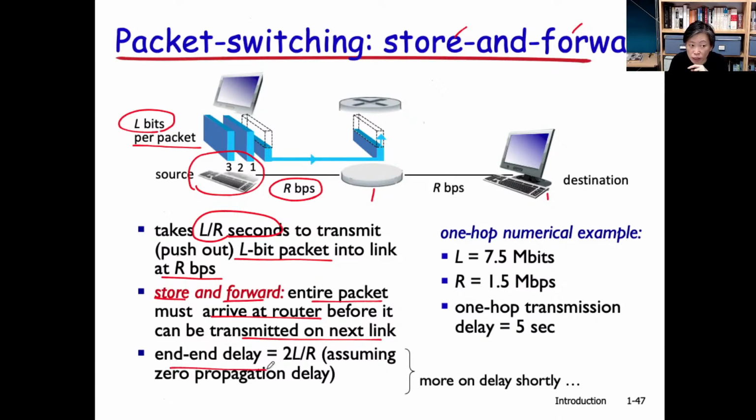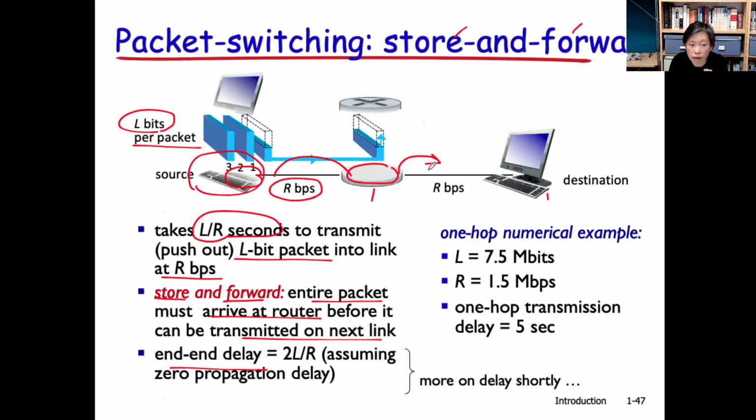The end-to-end delay will be what? L divided by R for this hop, because to send it out, it requires L divided by R. This router receiving it waits until all is received, and then sends it out again.